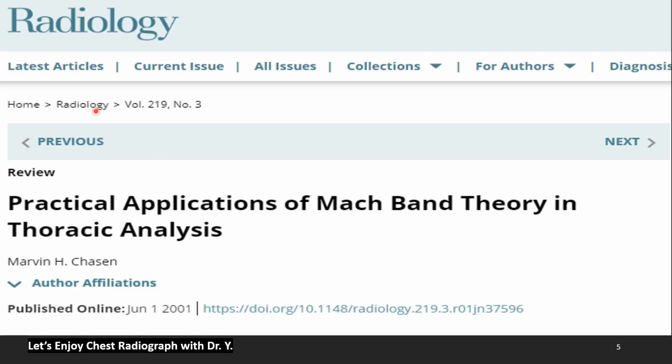I'd like to recommend this classic but fascinating review article in Radiology, year 2001, written by Dr. Marvin Chasen, a handsome man who used to work at MD Anderson Cancer Center, Houston, Texas. The title is Practical Applications of Mach Band Theory in Thoracic Analysis.